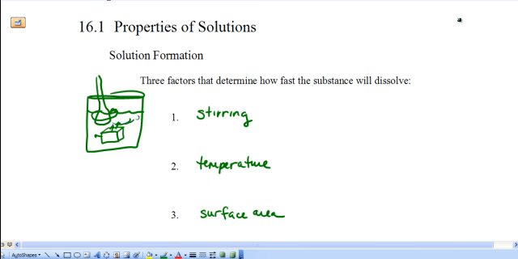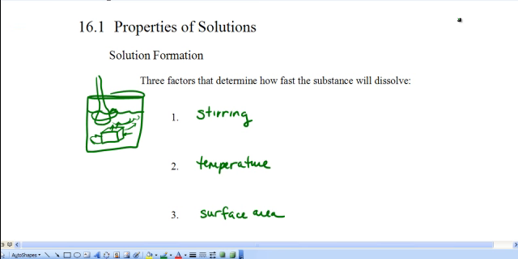So the more you can whisk these things away and bring in more fresh solvent, the better. If you don't do that, some of these particles coming off from the cube can actually reattach themselves. So if you can move them away from the original solute, you can get these things to dissolve quicker.